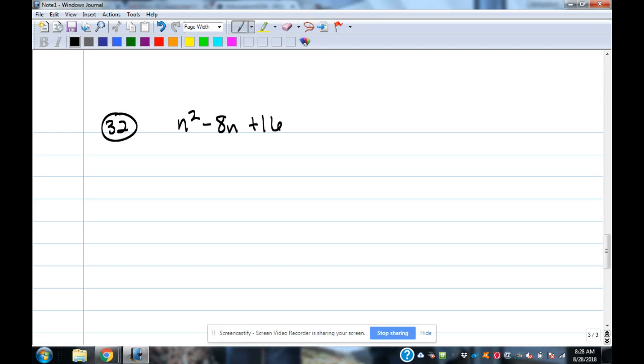GCF, check. How many terms? 3. Well, we've already done 3 term stuff. What do we do for that? X method. Let's figure this one out. Multiply to be positive 16, add to be negative 8. Negative 4, negative 4. Okay.